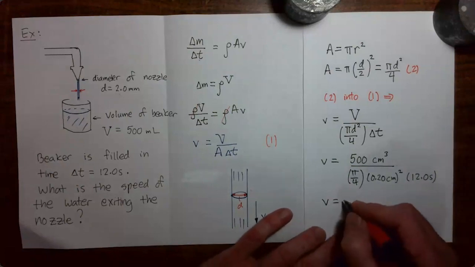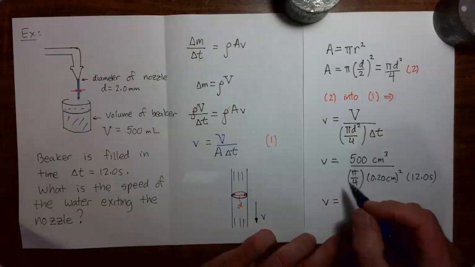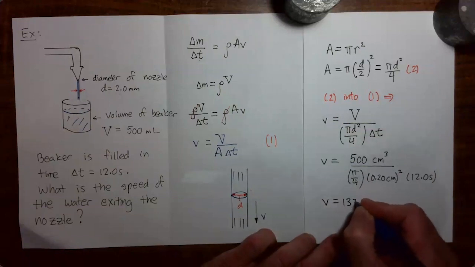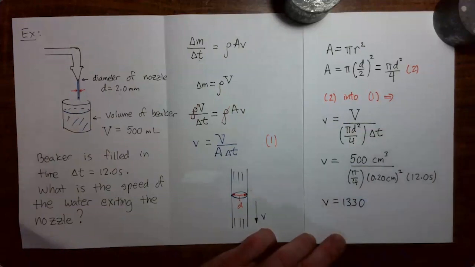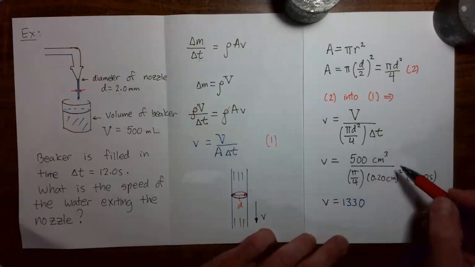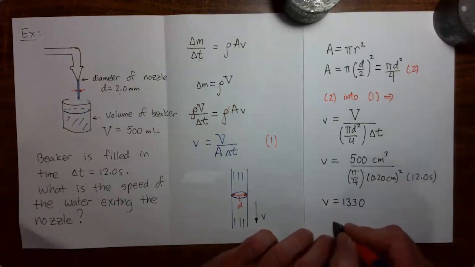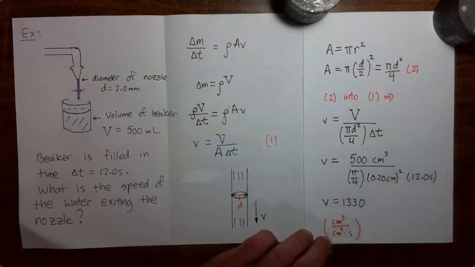Putting this into my calculator and rounding off to 3 significant digits, I get 1,330 as the numerical value. Now, as far as the units, notice that I have centimeters cubed over centimeters squared times seconds.